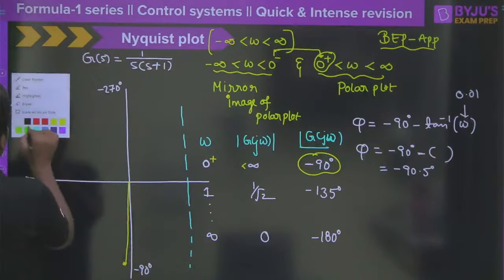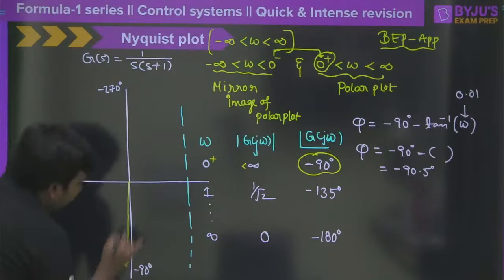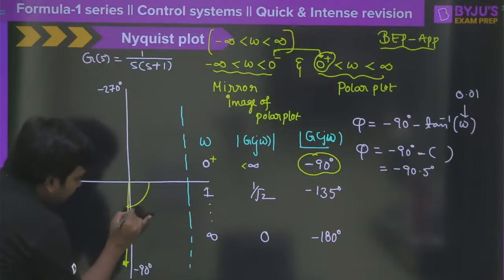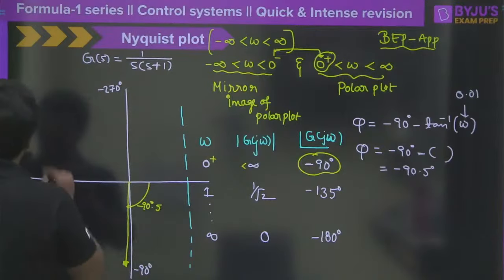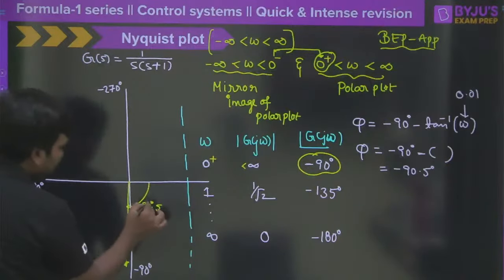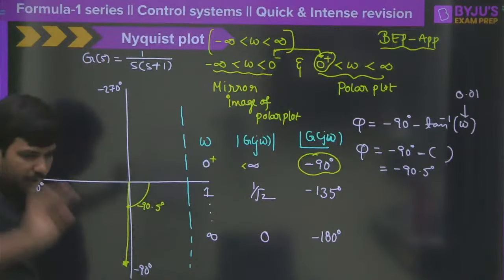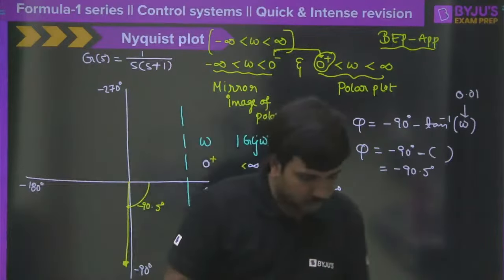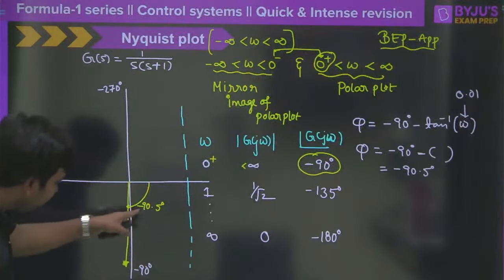So this is the first vector with a huge amplitude, almost infinity. If you look at the phase from here to here, it is minus 90.5 degrees. Clear? I hope you understood how to select this. Are you able to understand so far? Please let me know if it is clear to all of you up to here. So it is minus 90.5 degrees.